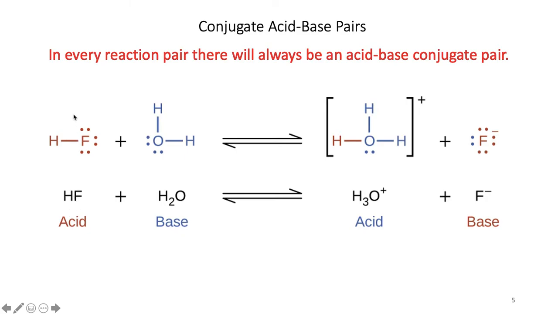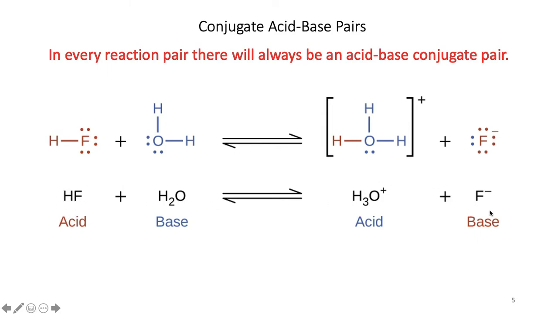Now, what is left of the original acid after it donates the proton is called its conjugate base. Think of these as pairs, acid and conjugate base together. So what is left over after the acid donates the proton, in this case F minus, is the conjugate base of my original acid.